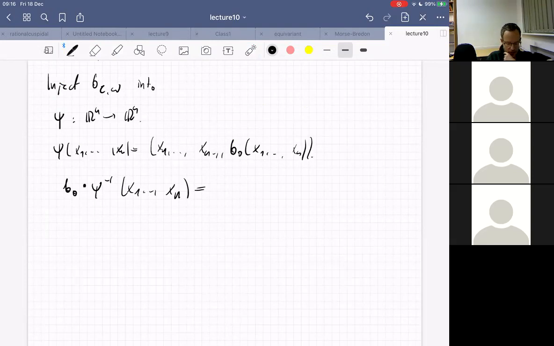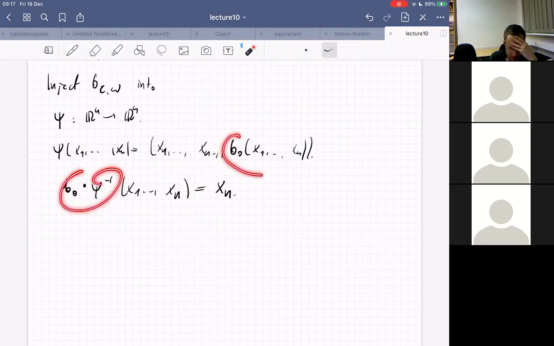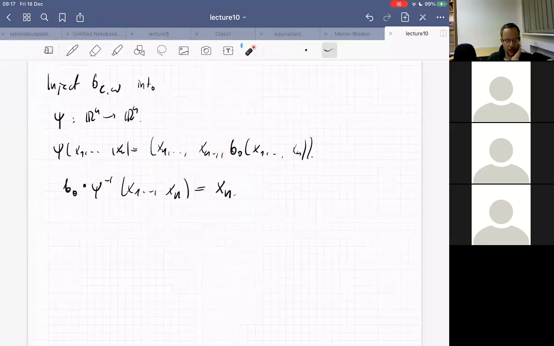Okay, if you didn't guess, let me give you the answer: it's equal to xn. If you pass via the inverse of psi and then compose with b0, the composition just singles out the last variable of this function.